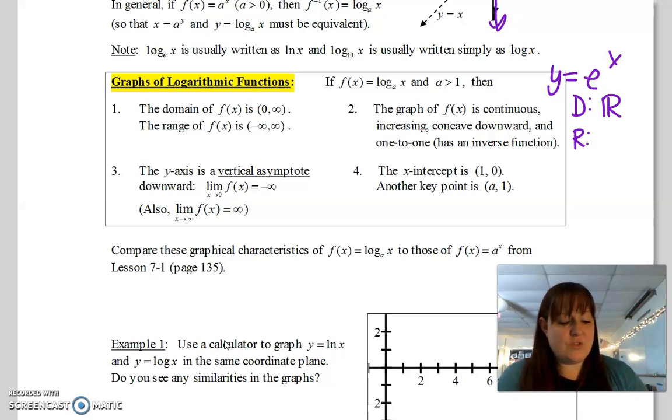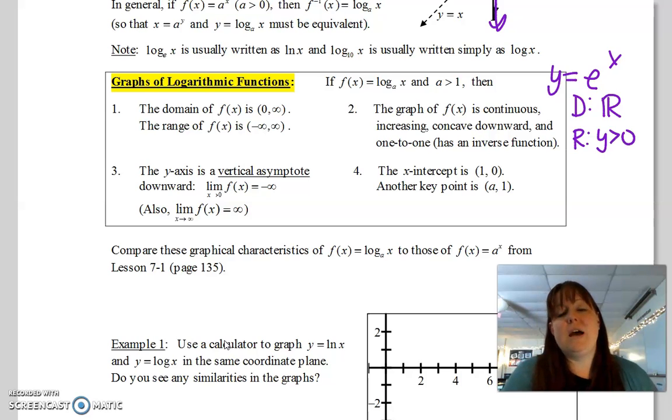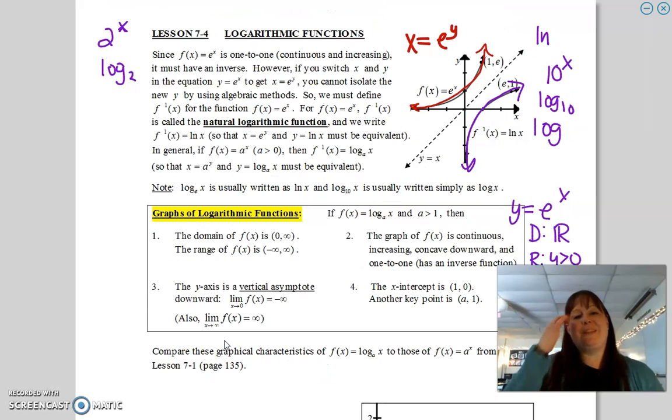So my range for e to the x is that y is greater than 0. Sorry, not greater than or equal to, just greater than, because if you think about this graph right here, it'll take a second to update, but there it is. Okay, so if you think about this graph, we look and see that it never actually touches 0. Remember, there's an asymptote right here.